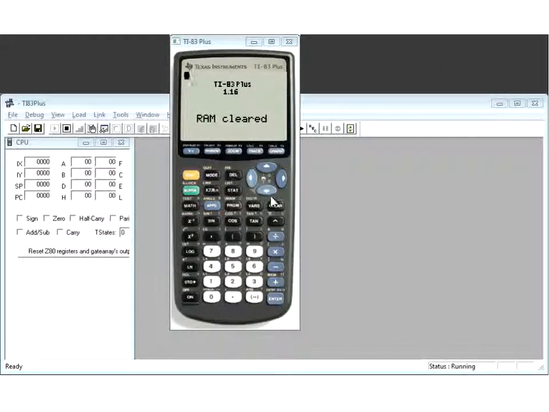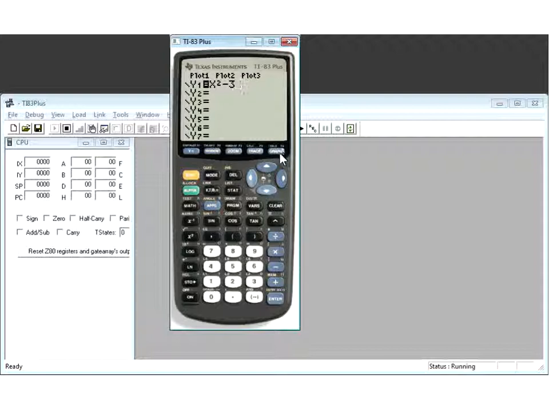All right, so what we're going to do is you select y equals, which is the top left. And you're going to type in x. X is the key that says X, T, theta, n, next to your colored keys. And we're squaring it. So we want the squared key diagonal to your 7. And we are subtracting 3.